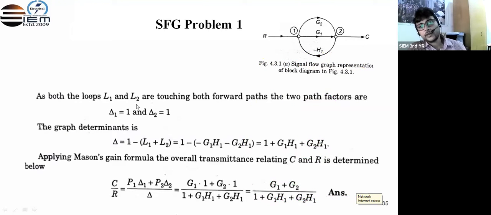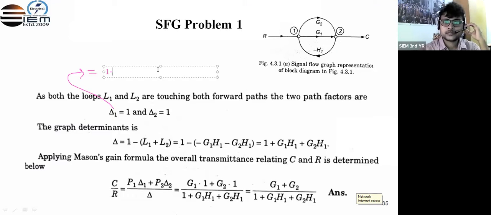Next, as both the loops L1 and L2 are touching, both forward paths' path factors are del 1 equals 1, del 2 equals 1. Why del 1 equals 1? Because this del 1 we know equals 1 minus sum of all loops.